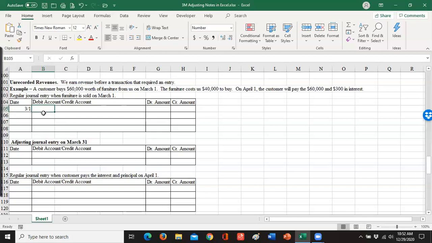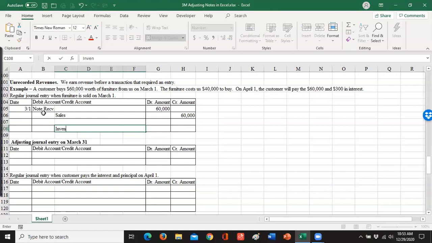It's a pricey interest rate, but be careful what you sign when you go buy that furniture and put it on account. Remember that when we sell inventory, it takes 2 entries. So the first thing I'm going to get, I'm going to call that a note receivable. Got to make sure you're on the right side of the transaction. So I'm Bob's Discount Furniture, so there's a note receivable for $60,000. That's my revenue. I'm going to call it sales. Revenue would be okay too, for $60,000. I also have to say that that inventory walked out the store with them.